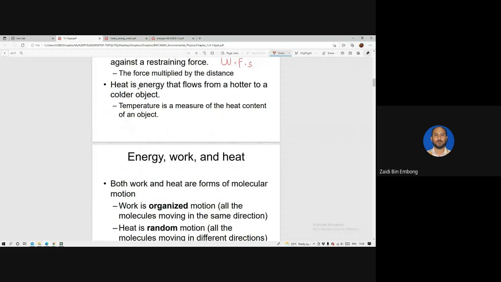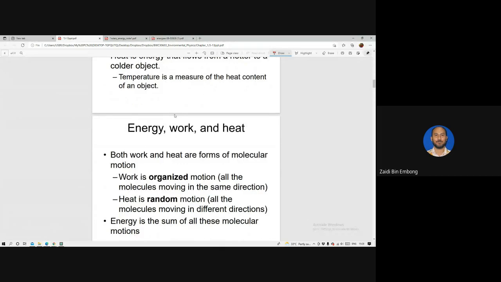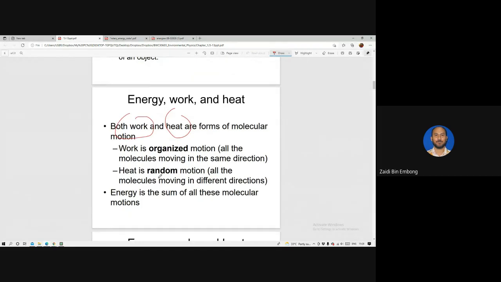Right. This is the term of heat. Heat flows from hot to cold. Now, talking about energy, work, and heat. Both work and heat are forms of molecular motion. Can energy be destroyed or not?